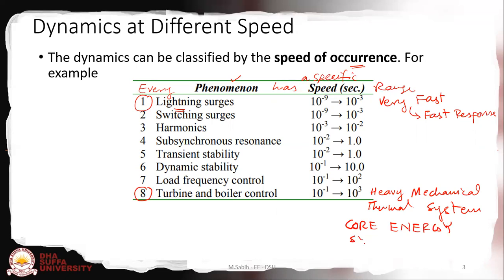Core energy system, because electrical energy basically doesn't exist in nature in large amounts. It transforms from other energy forms. Basically you have some kind of turbine or heavy turbine or boiler systems where we extract high amounts of energy.